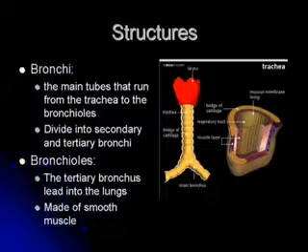And they continue to divide up into different levels, secondary, tertiary, etc., until you get to bronchioles, right? And the bronchioles are just much smaller tubes, and again, it continues to branch and web out. These are made of smooth muscle, and they continue to break down into smaller and smaller tubes.